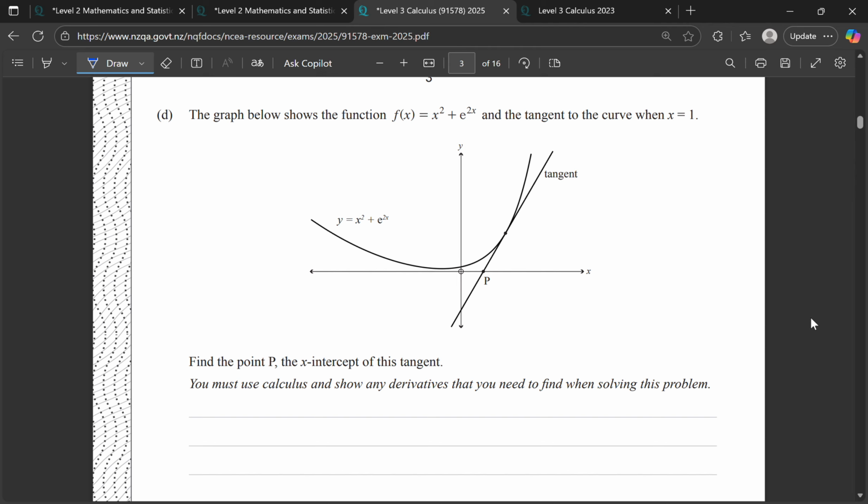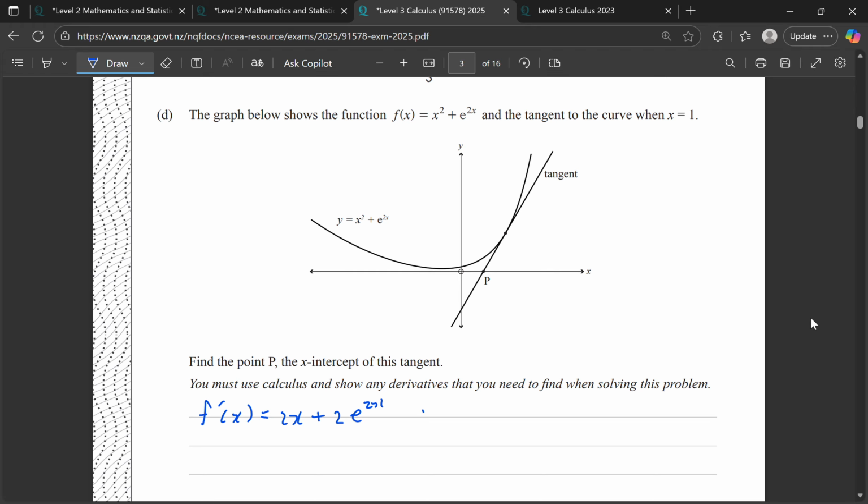So to find the equation of the tangent, first of all, we differentiate the curve, which is 2x plus the derivative of 2x is a 2, e to the power of 2x, isn't it?